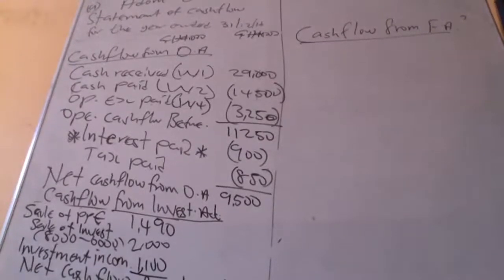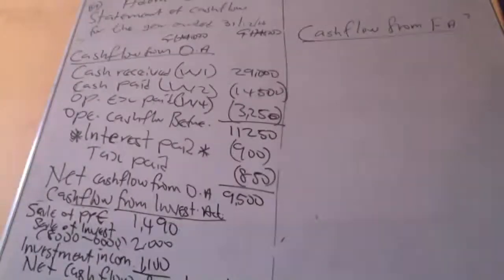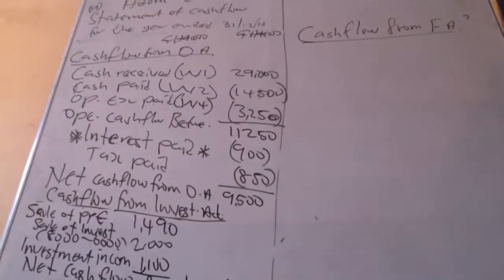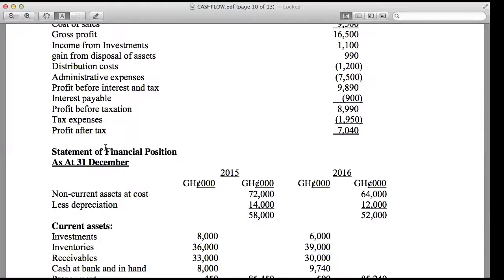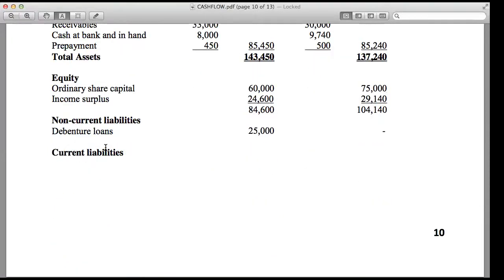So let's go to the financial position and check the movement in the equity and the long-term liability or long-term debt. Ordinary share capital has moved from 60,000 to 75,000.